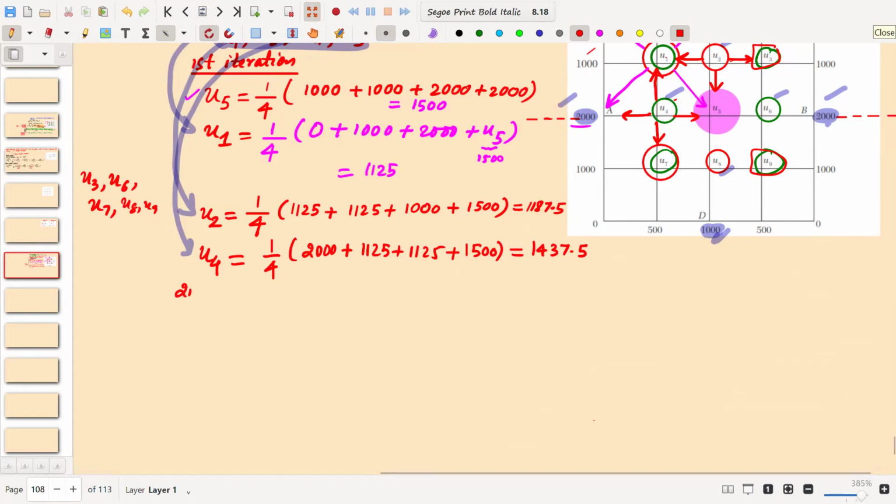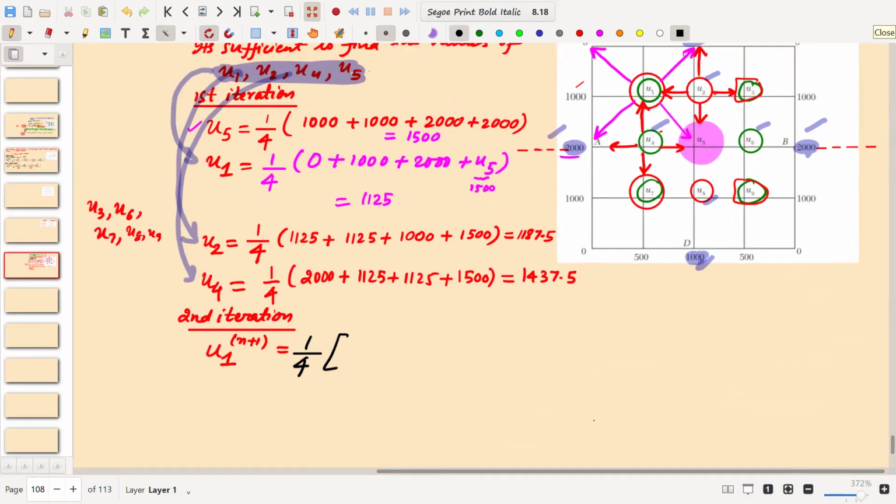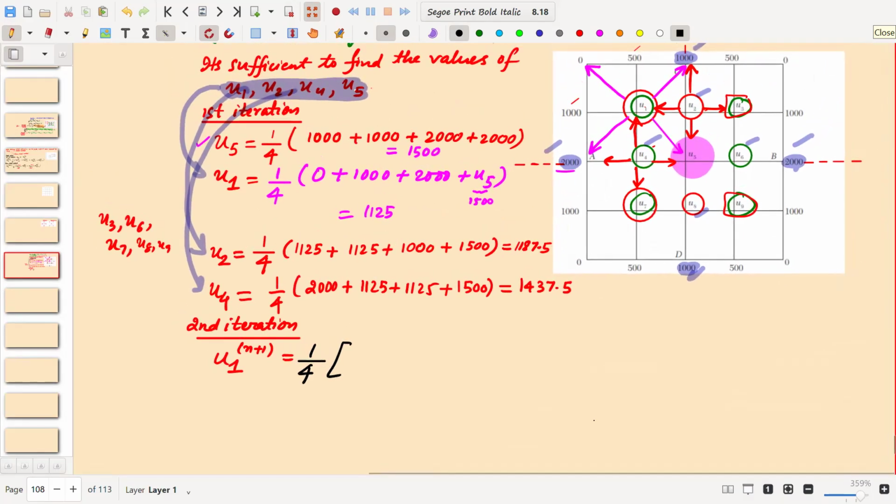So for the second iteration, we can apply our Jacobi or Gauss-Seidel, right? Can we write the formula for U1 now? U1 n plus 1 is equal to 1 by 4 times... We can apply the standard 5-point formula, I think.